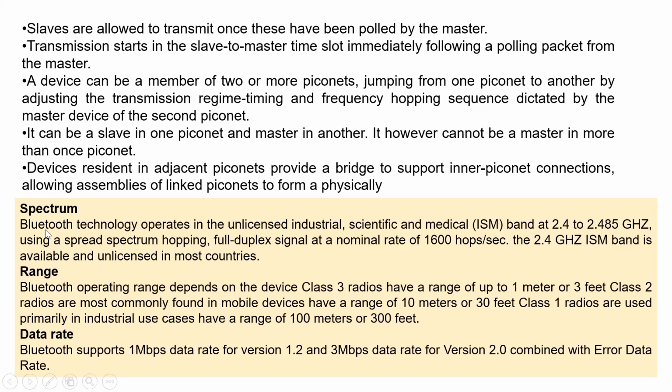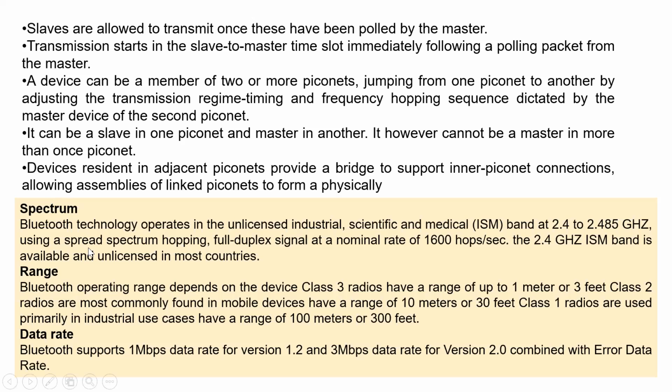The spectrum, as I told you, uses the ISM band, and you should remember this frequency range. The frequency range is from 2.4 to 2.485 gigahertz. Only in this frequency range is Bluetooth operating.